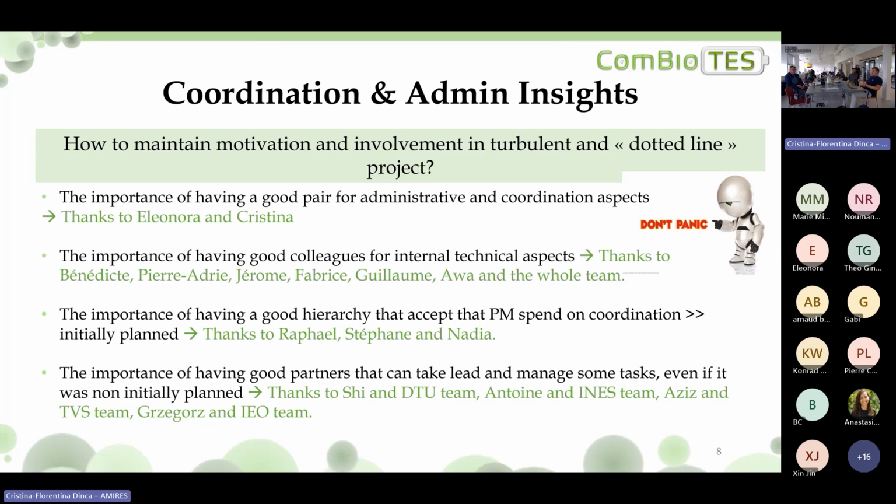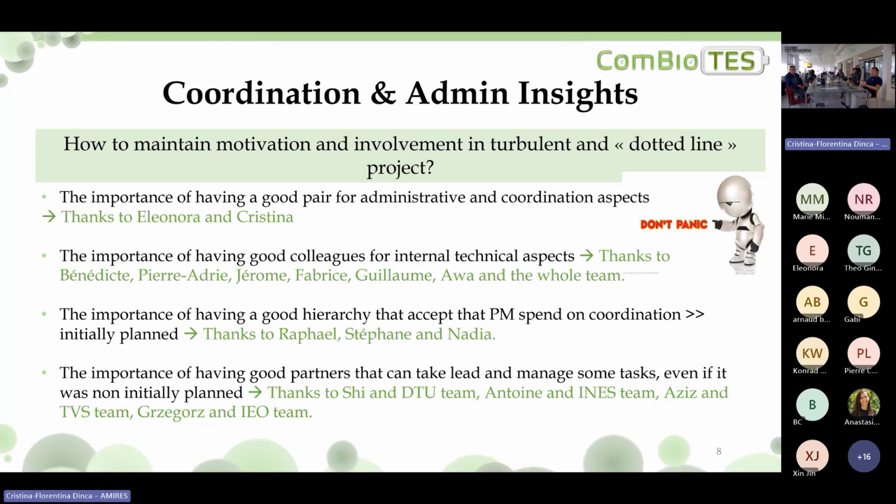I would like to thank my chiefs, Raphael, Stéphane, Nadia, and Pierre. And Raphael, really, I would like to thank you because you accepted to give extra budget for the building of the new test section. And without this test section, there's no Versatile.